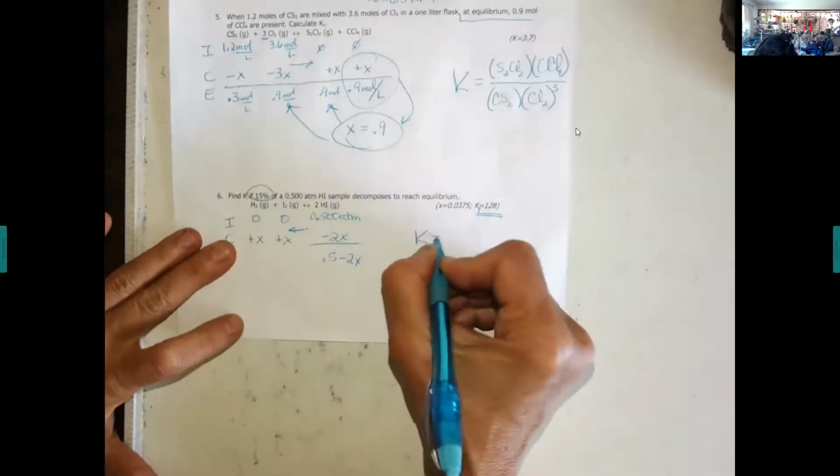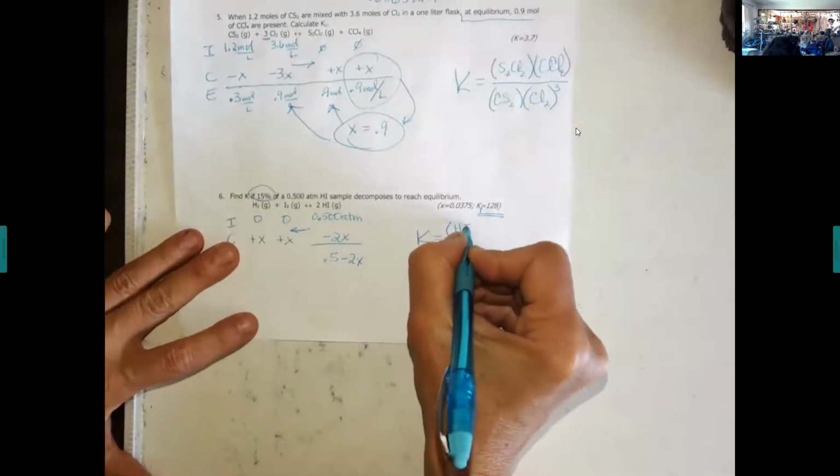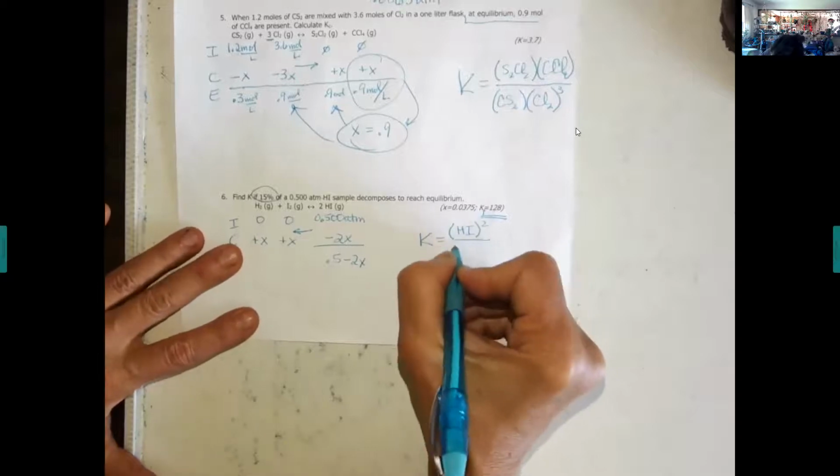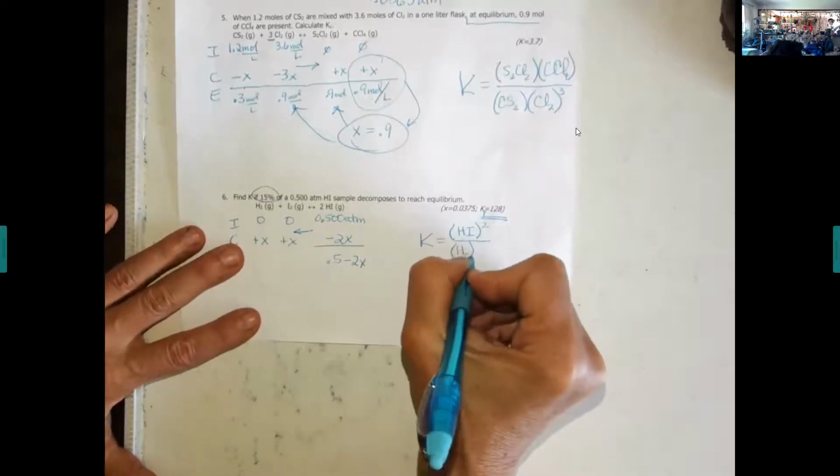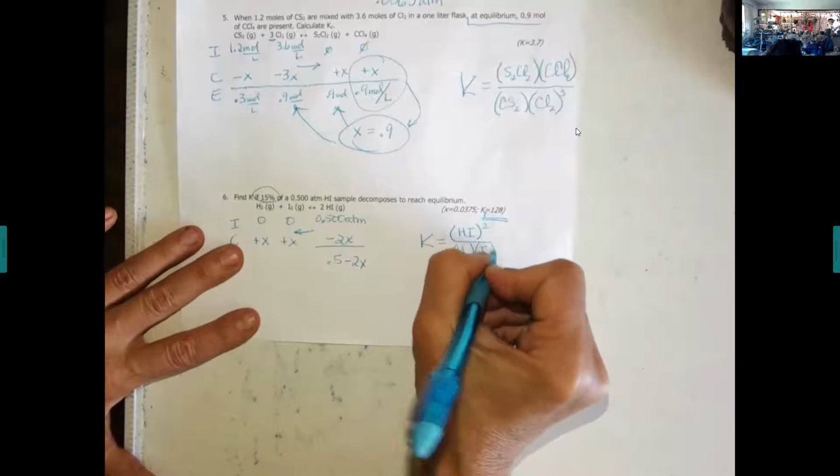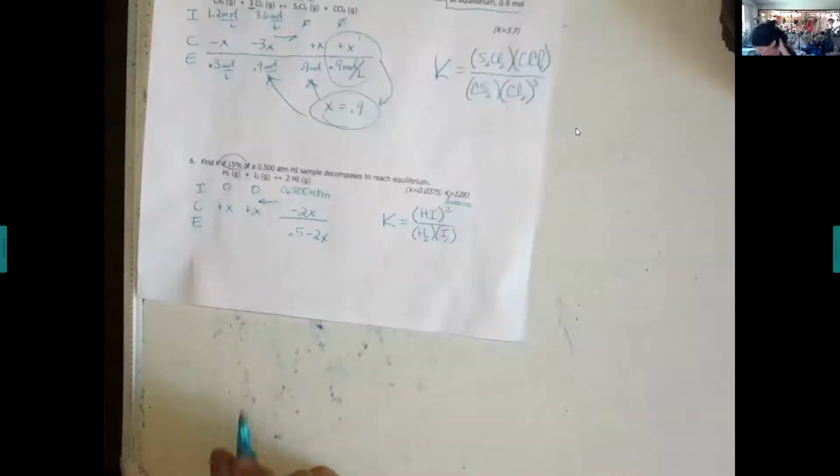All right. We can write our K expression over here. HI squared over hydrogen and iodine. And let's see, what do we know? 15% decomposes. So it's not telling you 15% is left.